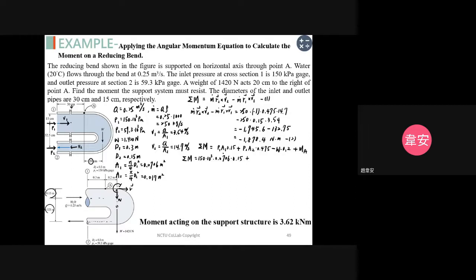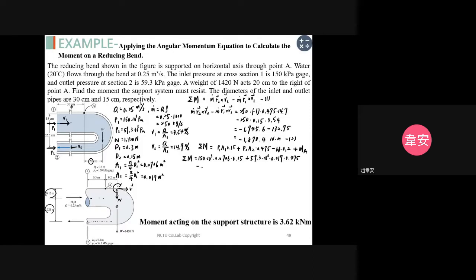The pressure 2 is 59.3 times 1000 kilopascals, and the area A2 here is 0.017, multiplied by the force arm 0.475, and minus the weight.